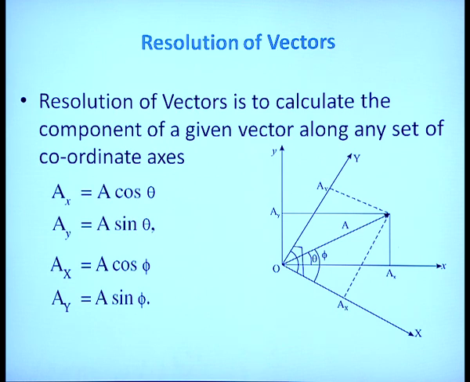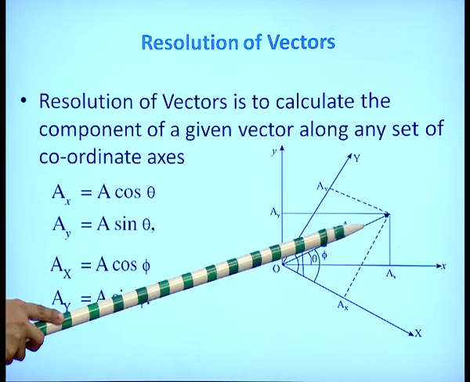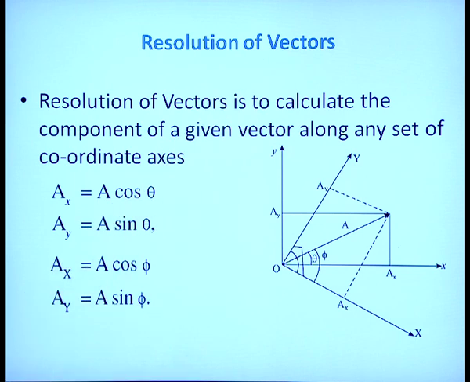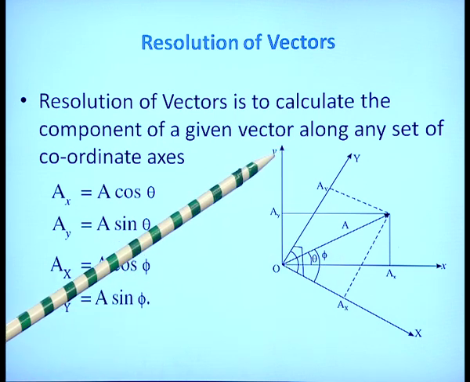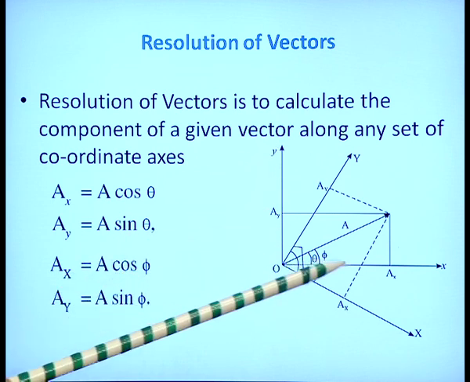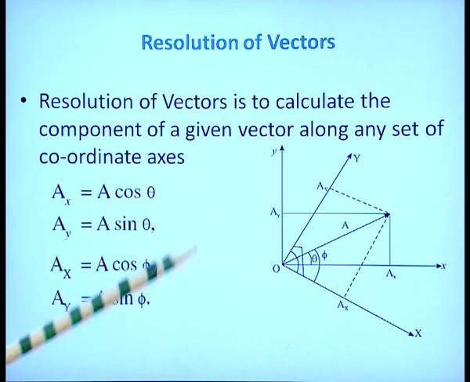As you can see on the screen, here we are taking any vector A, this is vector A. Now, we take any coordinate axis. Suppose we are taking small x and small y as the coordinate axis. This is x axis and this is y axis.